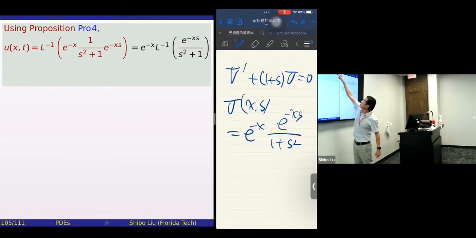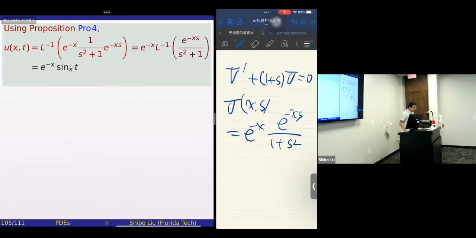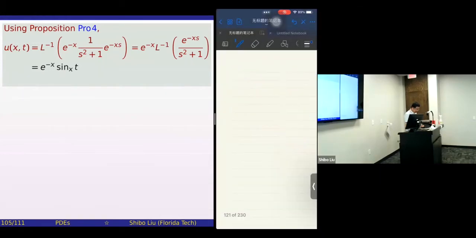So you simply try to find the Laplace inverse transform of this function. Of course, this is not easy. But by our previous proposition, L inverse of e to the minus xs over s squared plus 1.